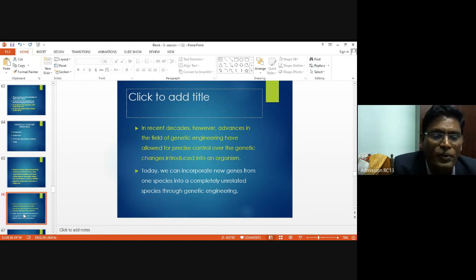Today we can incorporate new genes from one species into a completely unrelated species through genetic engineering. So taking one gene which is advantageous or dominant in production and introducing it into a new species, we can get more product out of that.